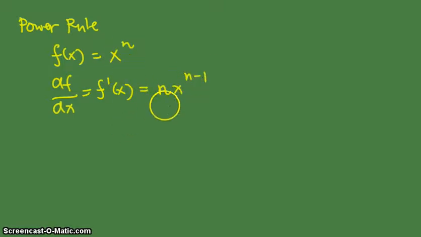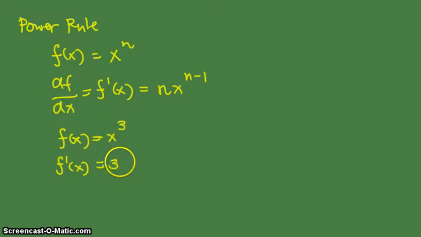In simple terms, it's like moving this n down here, and then you have x raised to n subtracted by 1. So if the function is equal to, say, x cubed, the derivative will be 3. Look at how the exponent was moved before the x, and then we have 3 minus 1, which is basically 3x to the 2.